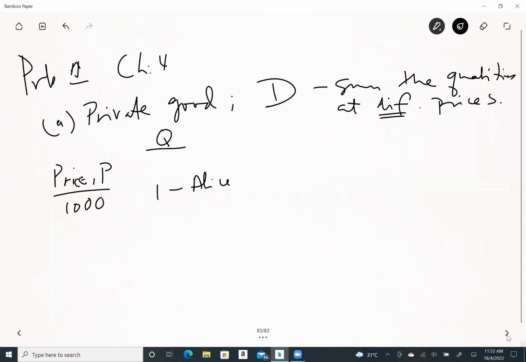And then you look at the next price, that is 800. Now at 800, what is the quantity? You have 2 for Alice, plus 1 for Ben. So that is 3. And you add it for each of the quantities. You got it? Everybody got this correct?